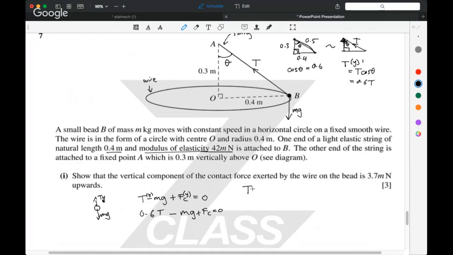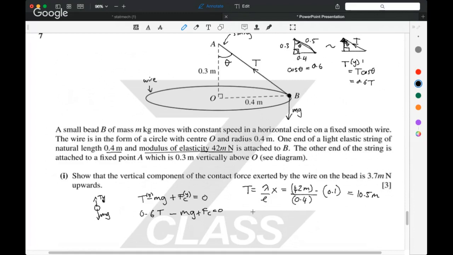So we know that the tension is lambda over L, divided by 0.4, which is the natural length, times the extension. It's now stretched to 0.5, so x must be equal to 0.1. So that gives us 10.5 m as the tension in the string.